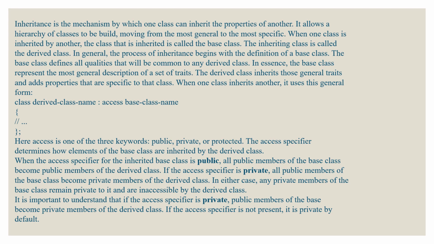So for writing this in our program, we will use the declaration format. That is, for creating a new class, we will write class and the class name. Here we have written derived class name.